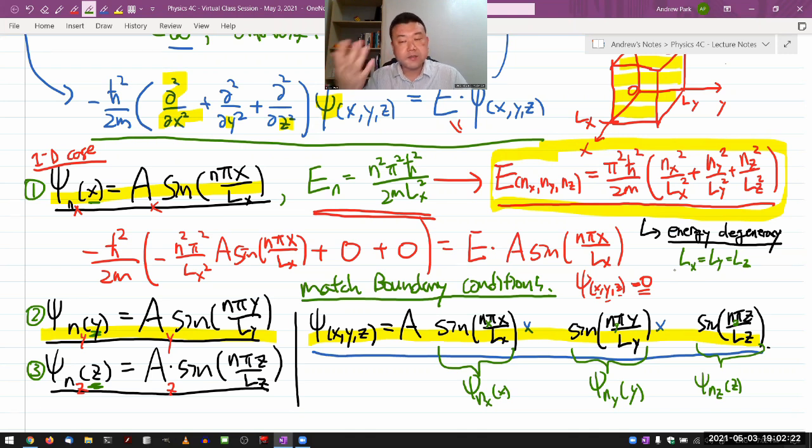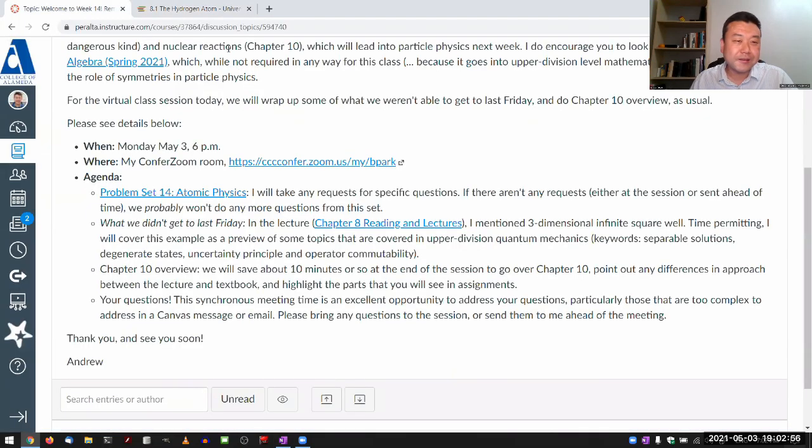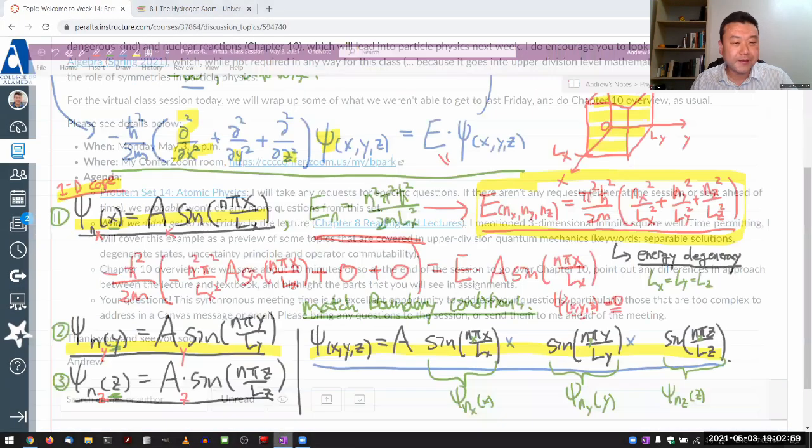This kind of degeneracy is impossible to see in the one-dimensional case, and you need to deal with multiple dimensions, 2 or 3 or higher, to see that degeneracy in energy.